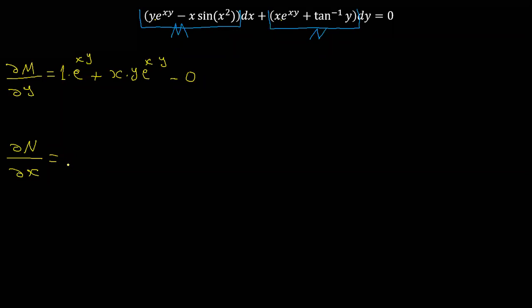So the first one will be e to the power of xy. You are right. So it is 1 times e to the xy, which is the derivative of the first times the second, plus continue. Plus yx e to the power of xy. Yx e to the xy, great. Y is the derivative of x times the first function, times the exponential, plus continue, please.